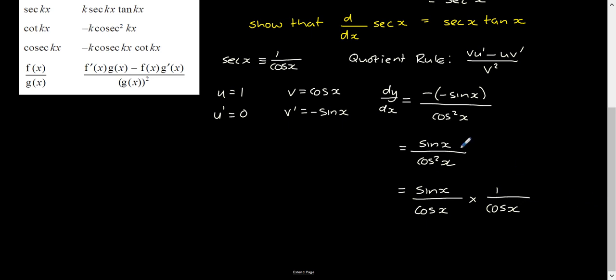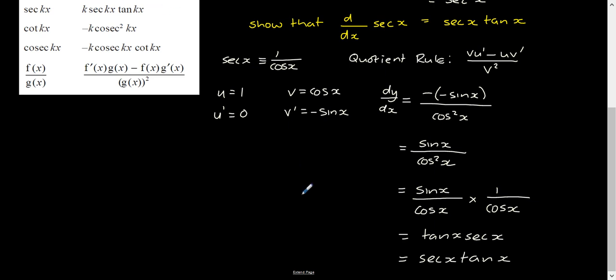Makes sense. There's no reason really that we should do that, but we can, because it's the same equivalent fraction, just the product of two fractions. Sine x over cos x, we know, is tan x, and 1 over cos x is sec x. Now, the way that we tend to write this is sec x tan x, which is our standard result, sec x multiplied by tan x.